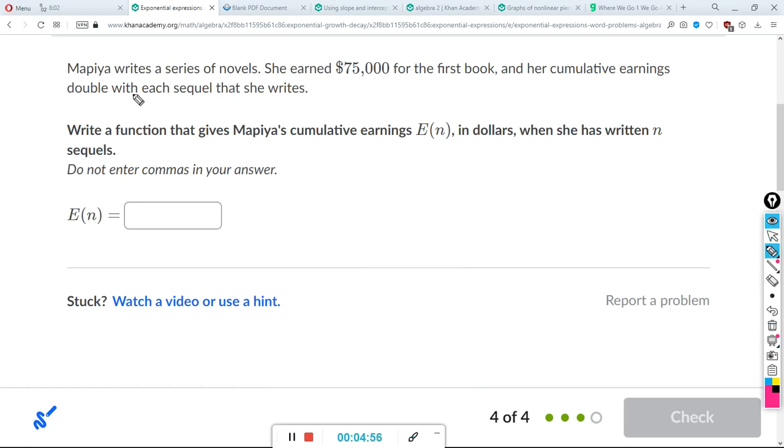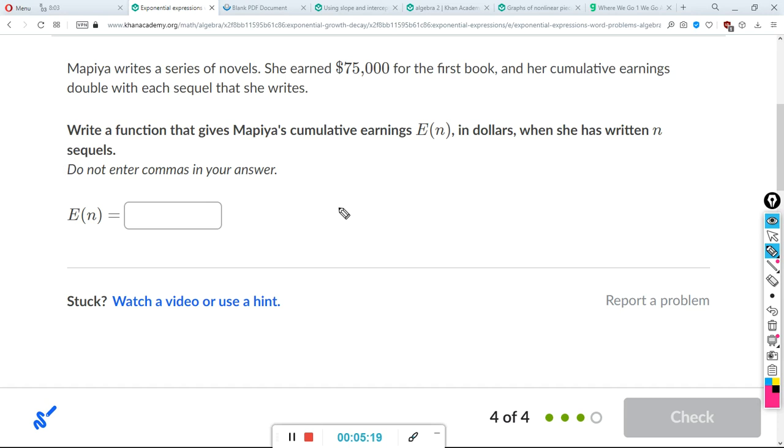Alright. So, Mapaya writes a series of novels. She earned $75,000 for the first book, and her cumulative earnings double with each sequel that she writes. Okay, write a function that gives Mapaya's cumulative earnings in dollars when she has written n sequels.